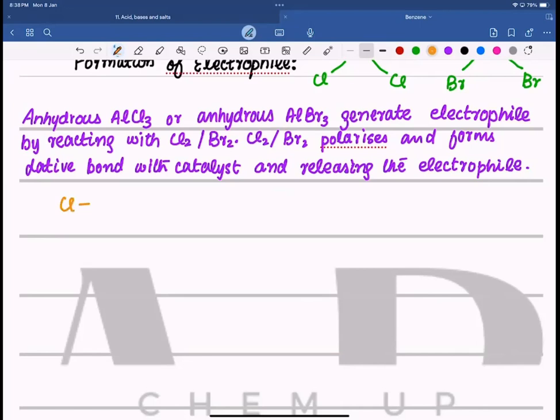This is a chlorine molecule, and here I have aluminium chloride.